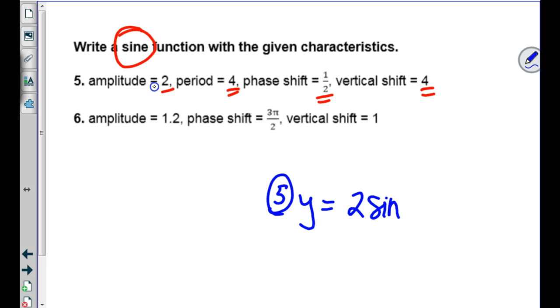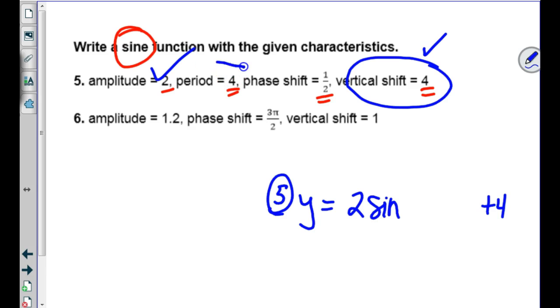And then this plus 4 is at the back. Okay. So we did that and we did this. If the period is 4, we have to do some work. Remember, that means 2 pi divided by some b gave us 4.